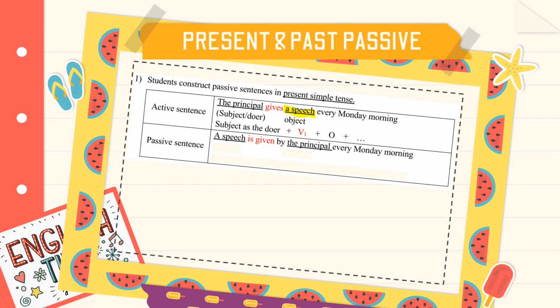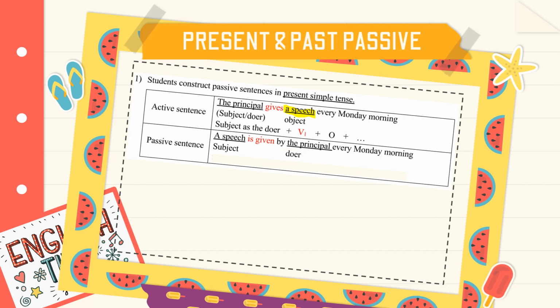Okay, grade 5. Now, is a speech the doer? Is a speech the one that gives? Okay, so a speech cannot give itself, right? It must be done by someone. So a speech is not the doer. Okay, the doer is the principal, like this.